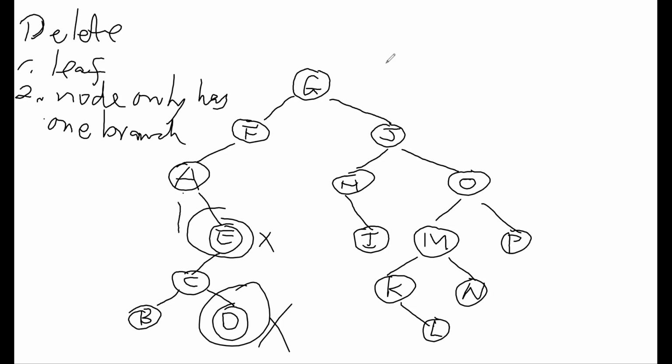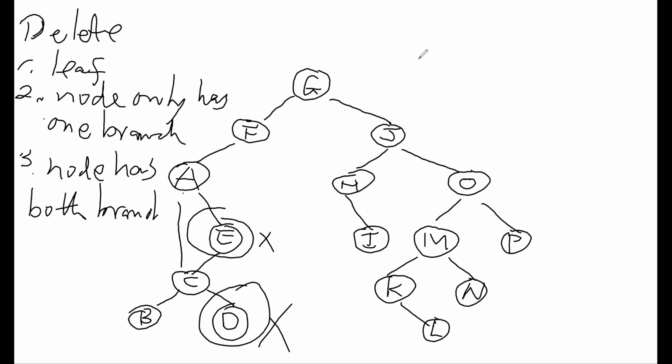So you connect its parent with its child, that's the only branch. So that's the second case. And the third case is a node that has both branches. That's a little bit more comprehensive.